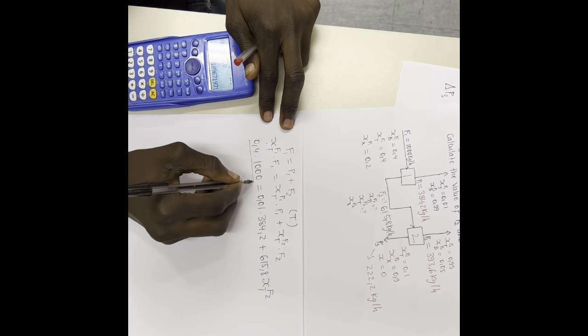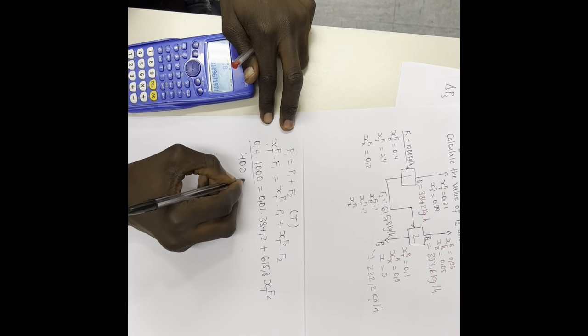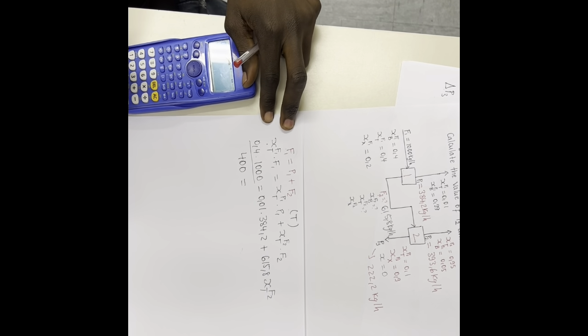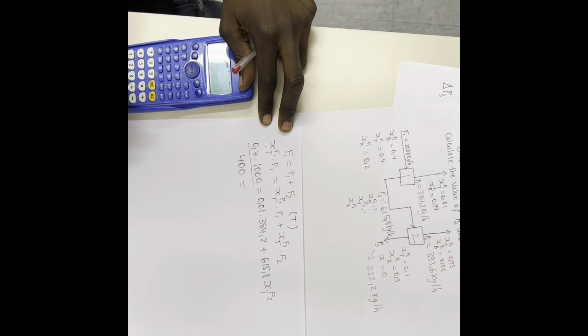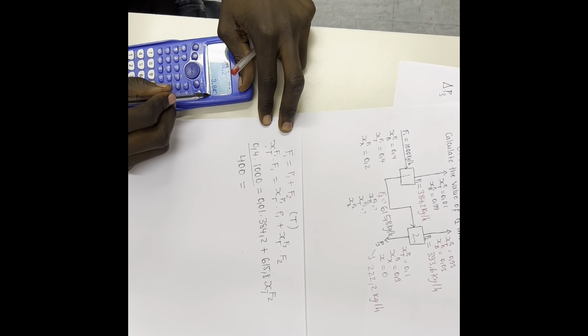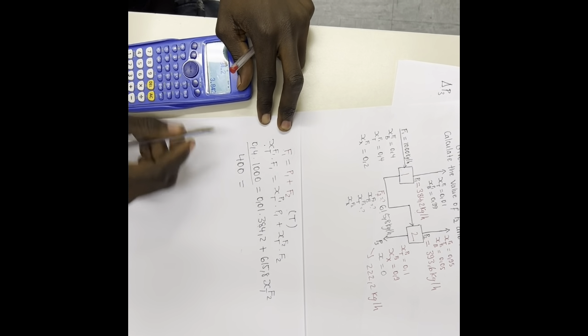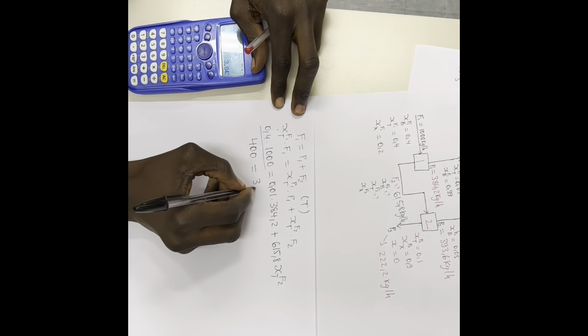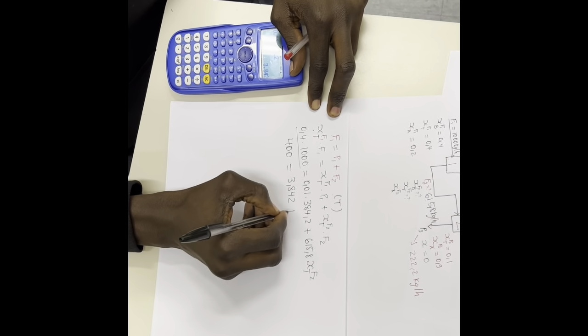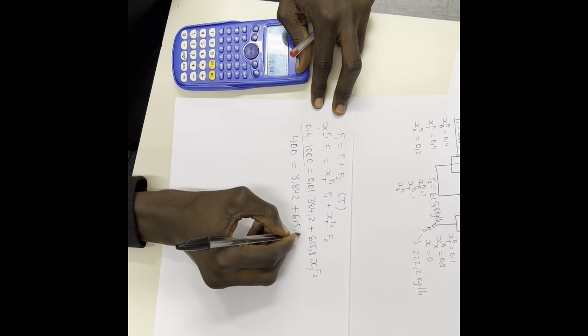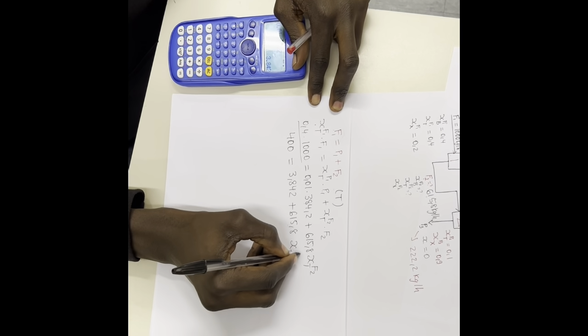So this number, if you add them, is 400. If you take 0.01 times 384.2, it gives 3 point something, which is 3.842, plus 615.8 X_T in F2.